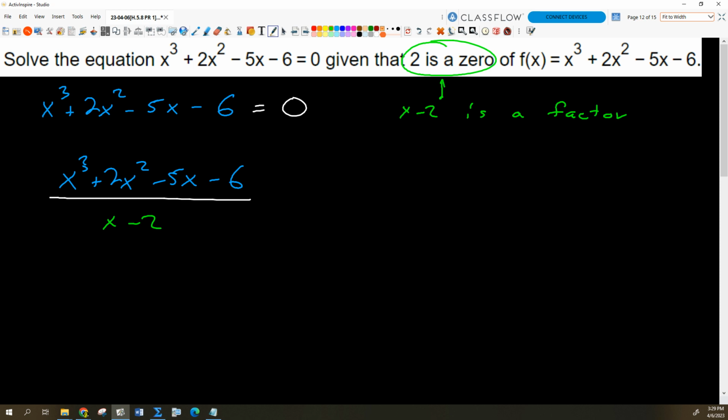Everybody, what's the remainder going to be? If it's a 0, what's that tell us? 0, right? This is telling us that f of 2 equals 0, which is telling us that the remainder is 0, right? Okay, everybody give me 1 to 5 on that.